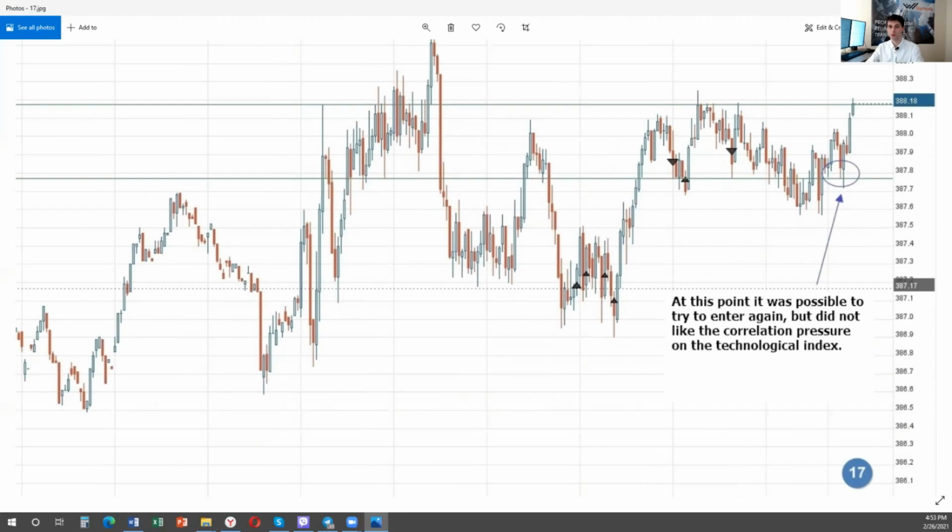It is possible to enter again from 387.75 with this consolidation. So at this point, it was possible to try to enter again, but I did not like the correlation pressure on the technological index I showed you.